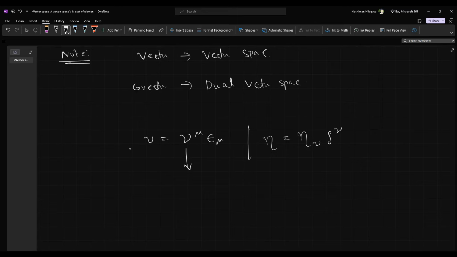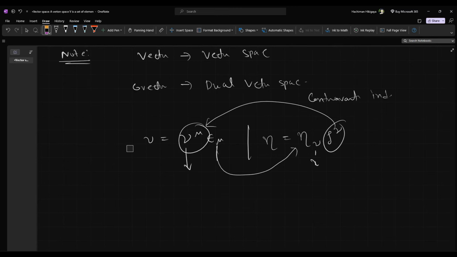So the component with an upper index is known as the contravariant index. Basically, we call a raised index a contravariant index, and a lower index a covariant index. So these are contravariant indices, and this has a covariant index.